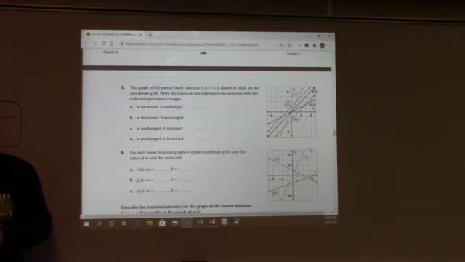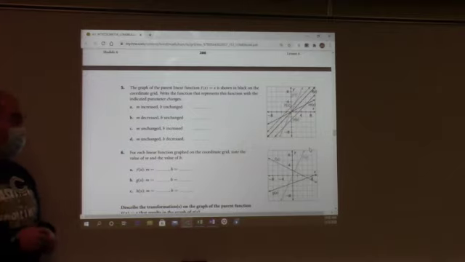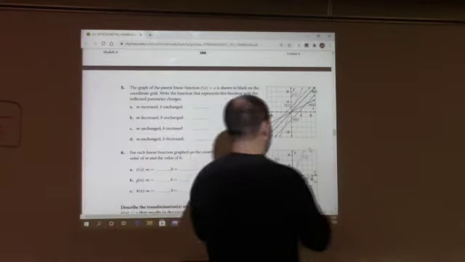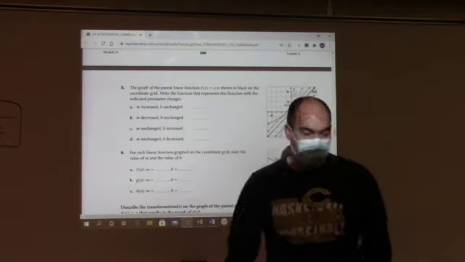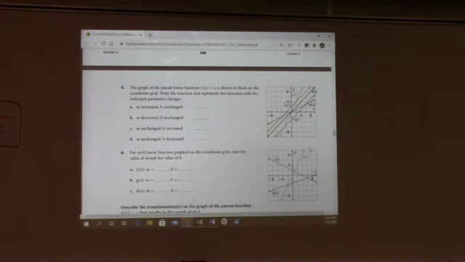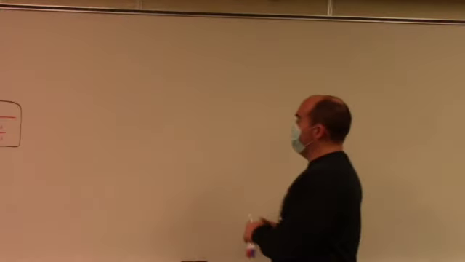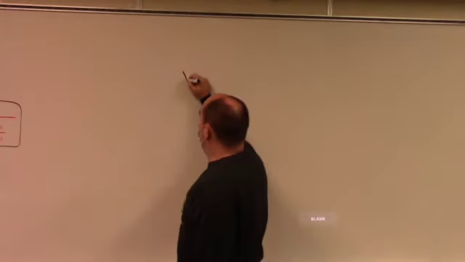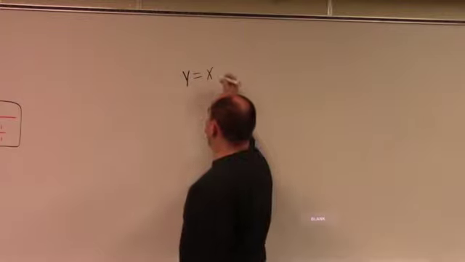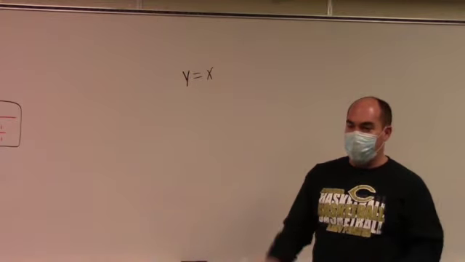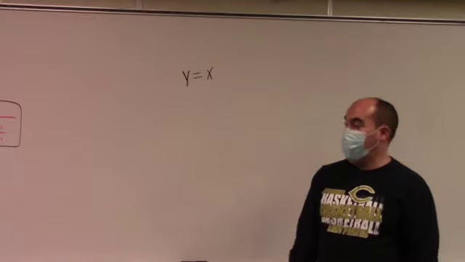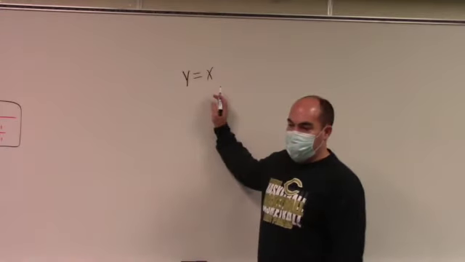coordinate grid. Okay? So, we can talk about what a parent function is. If you have a parent function, the parent function of the linear family, linear means we're going to graph a straight line, is y equals x.